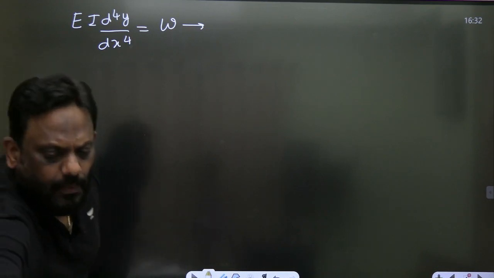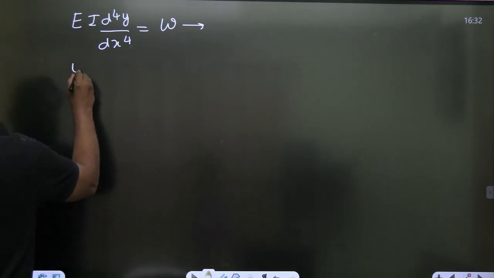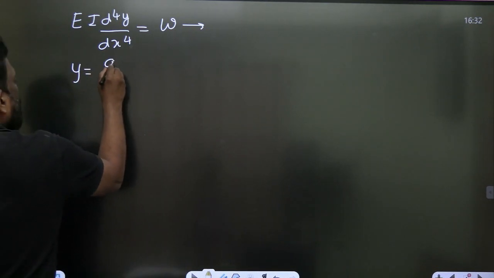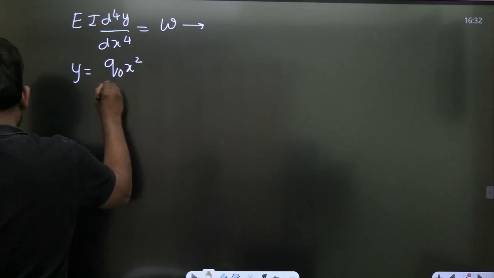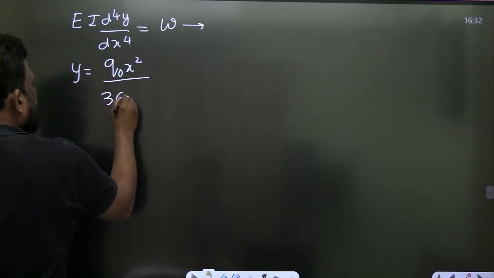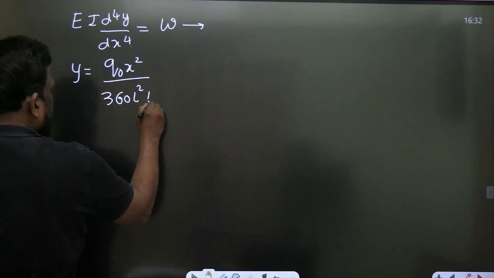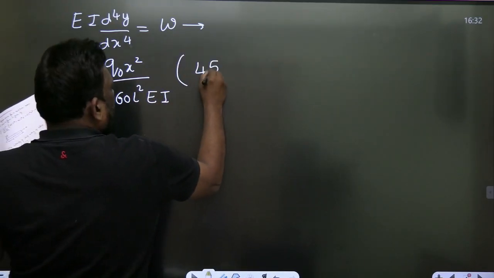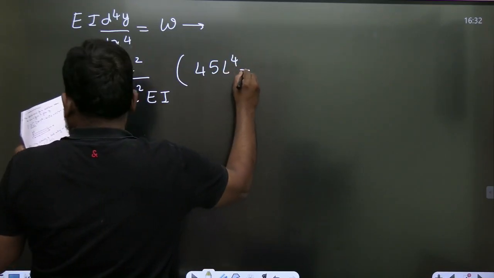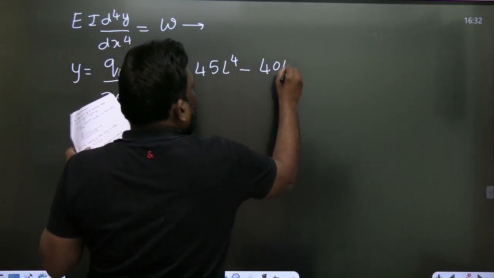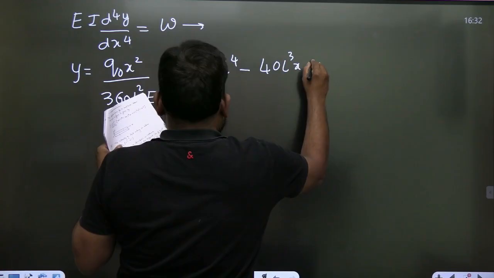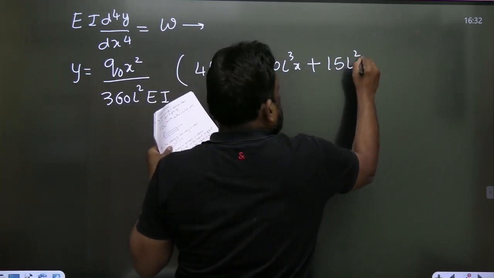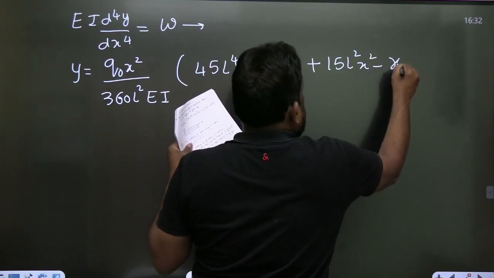Now the equation of the deflection curve is given, and that is Q0 x square by 360 L square EI, already given to us in the question, into 45 L power 4 minus 40 L cube x plus 15 L square x square minus x power 4.